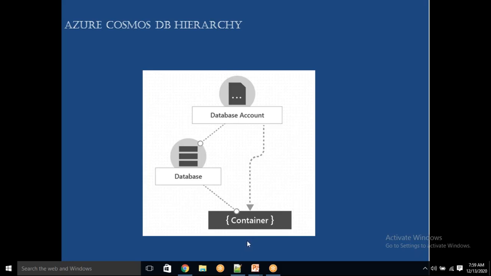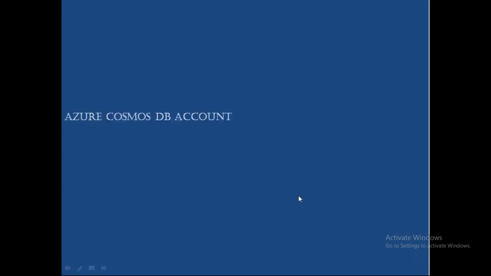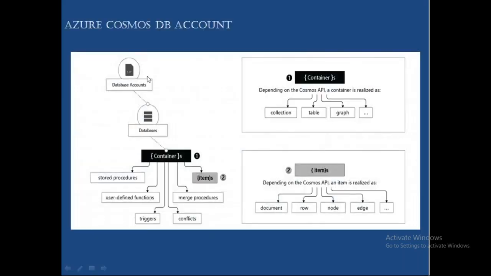Okay, let's go further. See here, we have a database account. Under that, we have a database. In the database, we have a container. In this container, we have stored procedures, user defined functions, triggers, conflicts, merge procedures, items. Here you need to note down, this is items, meaning all your data will be of type items.